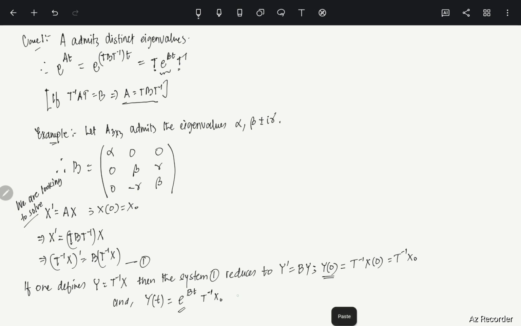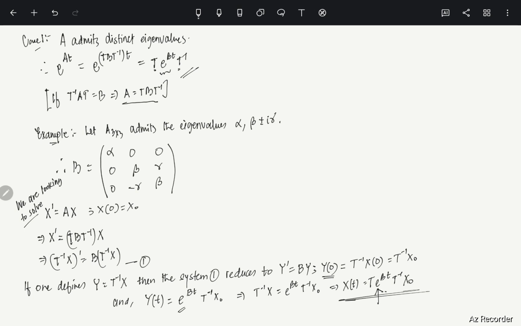So T inverse of x is e power Bt times T inverse of x naught, which implies x of t is T e to the power Bt T inverse acting at x naught. So you understand? It is very important to calculate e power Bt. This is the same thing which we did here. Okay? So that's the idea.